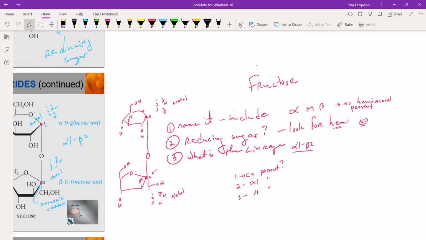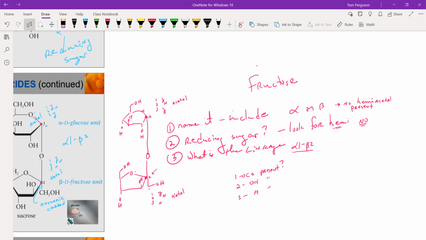Okay, so are there any questions about the analysis you go through? Okay, a good practice would be to go through what we've gone through so far. We talked about the 3 monosaccharides you need to know: glucose, galactose, fructose. Answer these 3 questions.